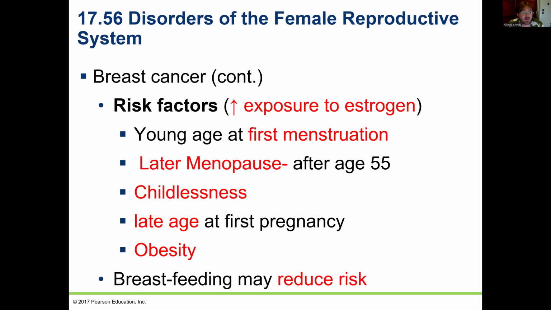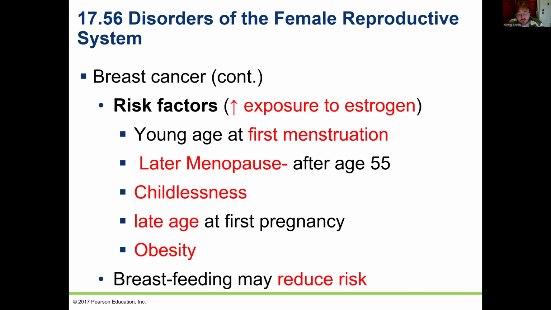Now, breast cancer risk factors are going to be increasing as you are exposed to estrogen. So, if you were very young when you had your first menstruation, that's going to increase your risk factors, in part because it's very intense on the body. If you never have children, that can increase the incidence of breast cancer.